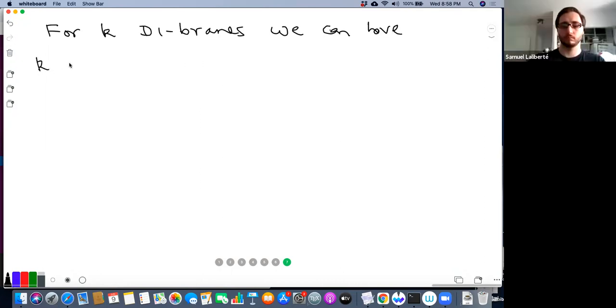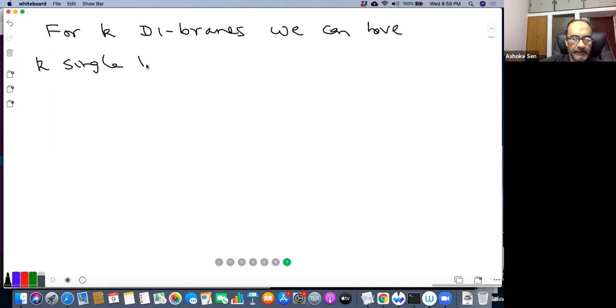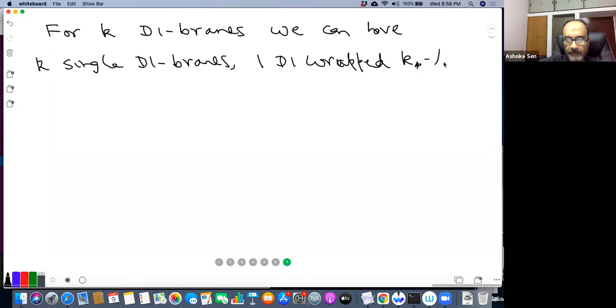For example, we can have K single D1 branes, or one D1 wrapped K times, and all possible combinations. Again, the counting is a little complicated, but if you are looking for the partition function, then it's simple. So I'll write down the expression for the final partition function, and I'll leave it as an exercise for you to check this. It's in fact the standard statistical mechanics of free Bose and Fermi gas.